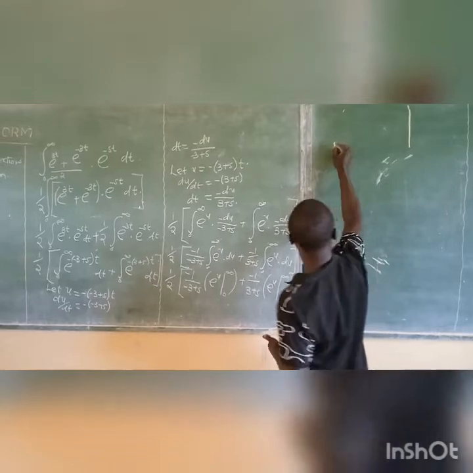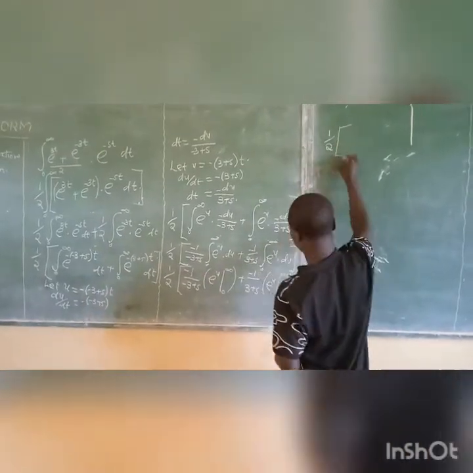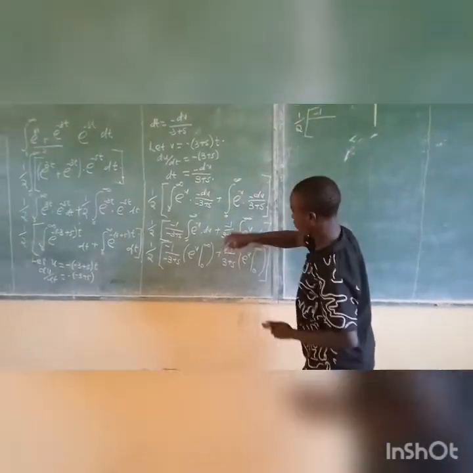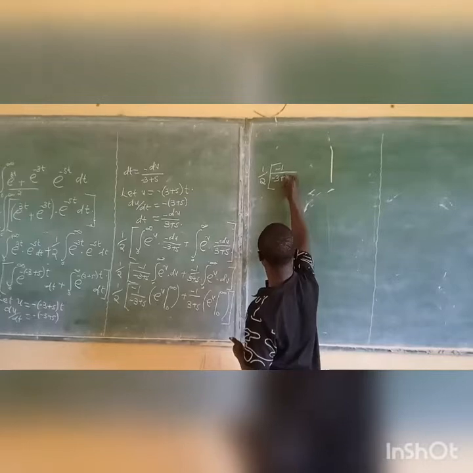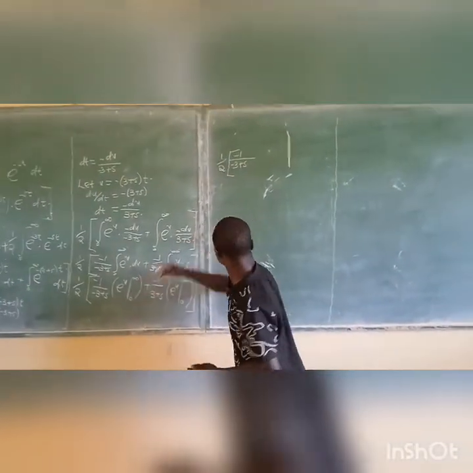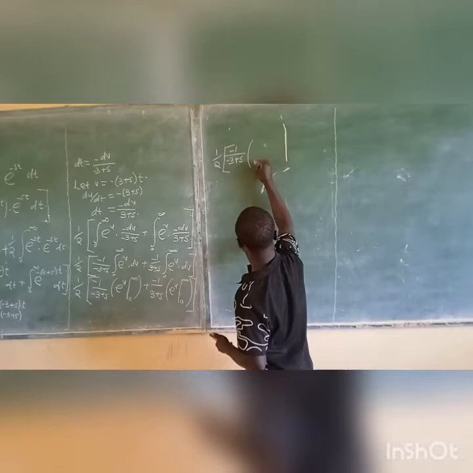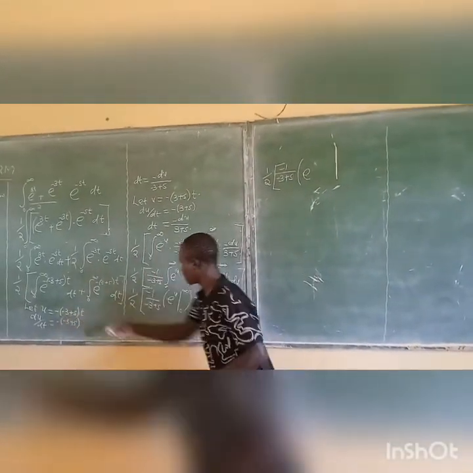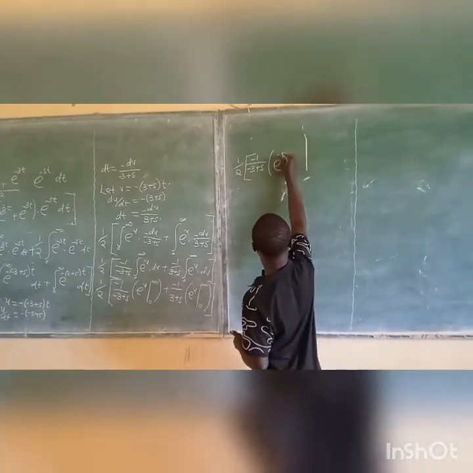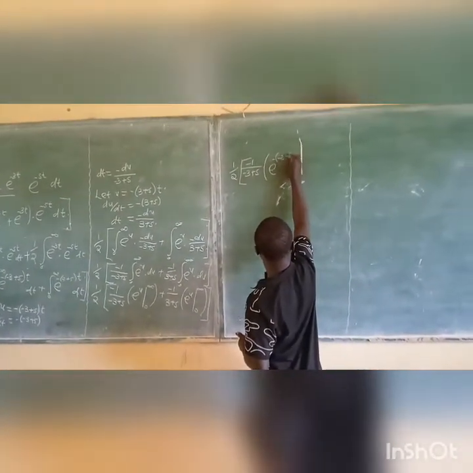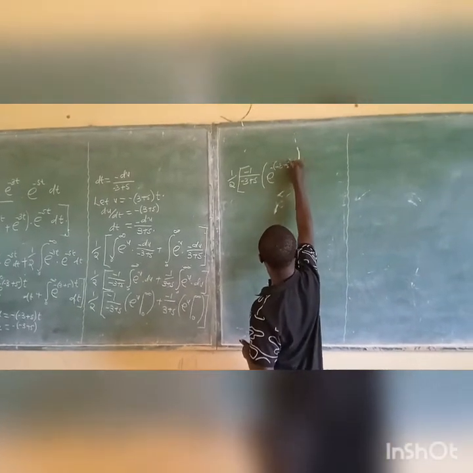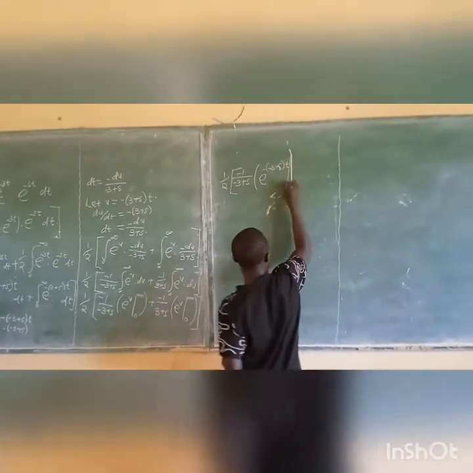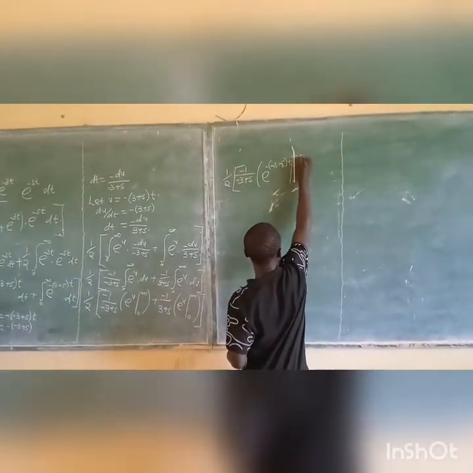So it will be a half into negative 1 over negative 3 plus s into exponential, our u is negative 3 plus s t, from 0 to infinity.